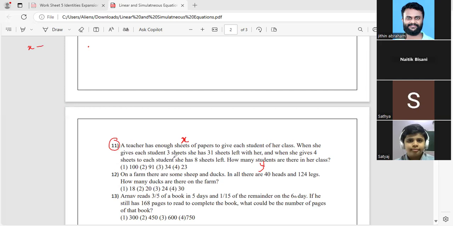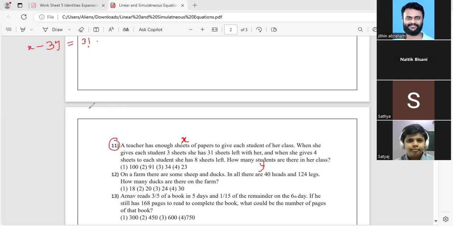Minus. She is giving sheets to each student. How many students are there? y. And she's giving 3 sheets to each student. So 3y. Is equal to, after distributing this, what she is left with, which is 31. This is your first equation. Is this clear?